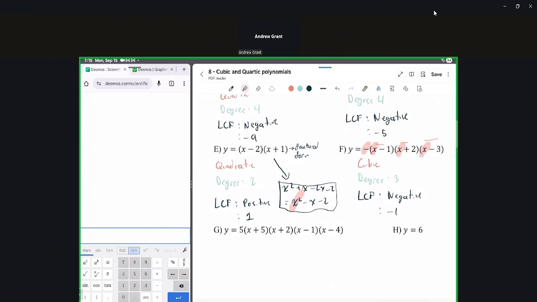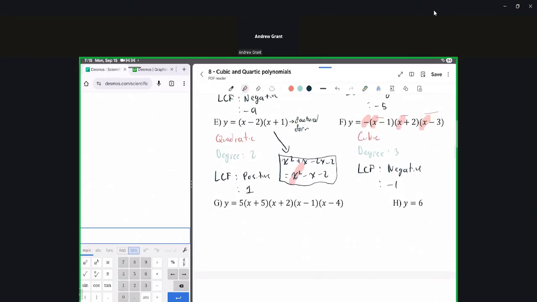Okay. For letter G, we have y is equal to 5 times x plus 5 times x plus 2 times x minus 1 times x minus 4. Just like above, you should note that this is in factored form.